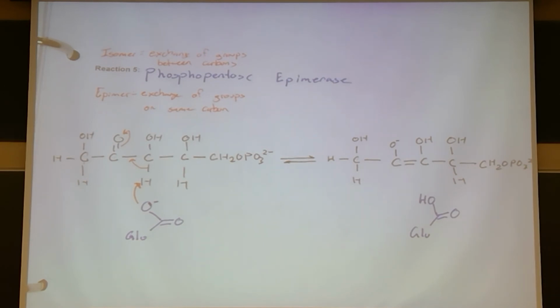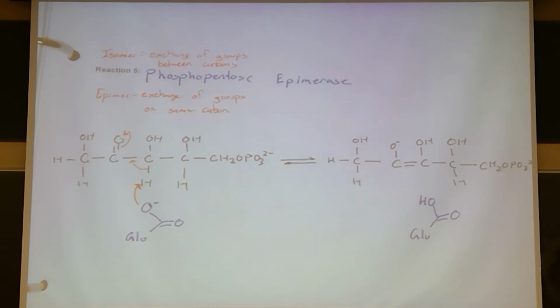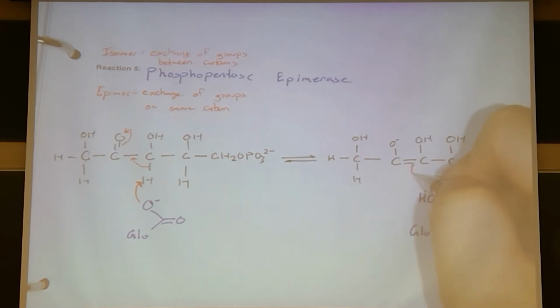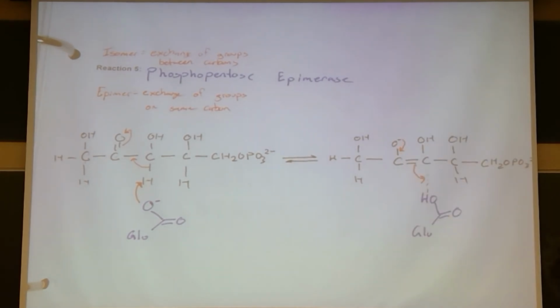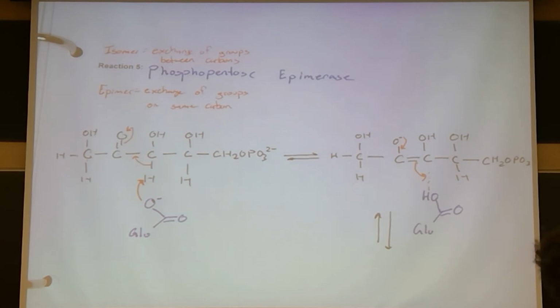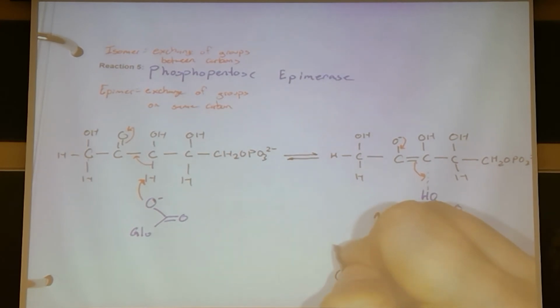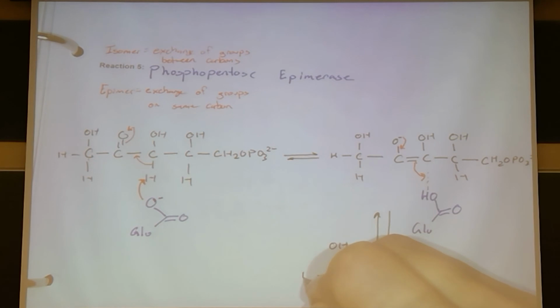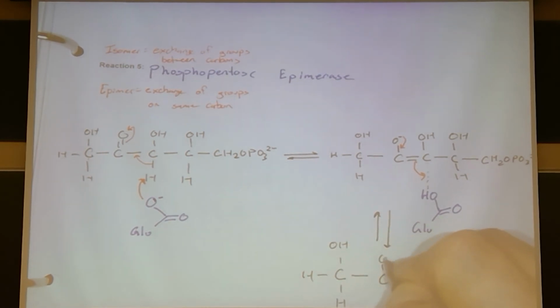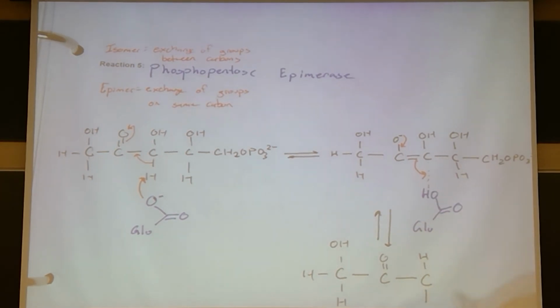Imagine this unstable intermediate is basically going to grab the hydrogen and collapse right back in on itself, going to yield a mixture of two products. Imagine those two products are probably going to be its starting material to some degree, and some degree of the epimer.